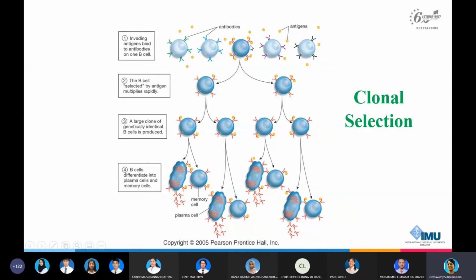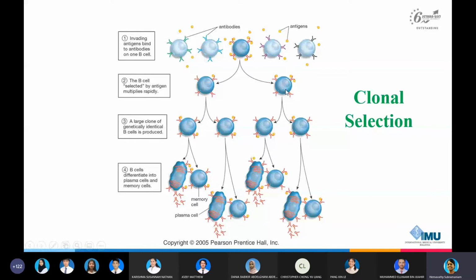So the B cell selected by that antigen will multiply rapidly. In this case, we could see the receptor is red in color. Only the B cells with red color receptors are being multiplied, if you could see. The rest, no, although they are B cells, because they are not specific to this particular antigen. And then a large amount of genetically identical B cells will be produced.